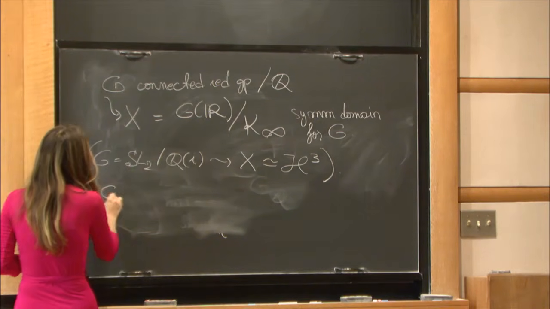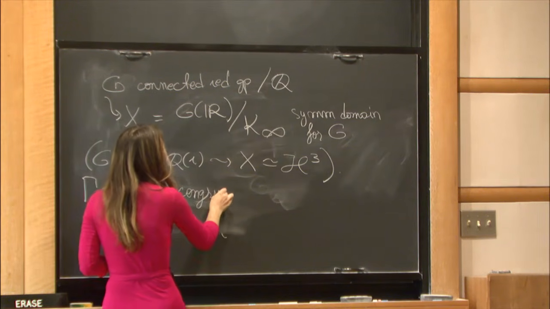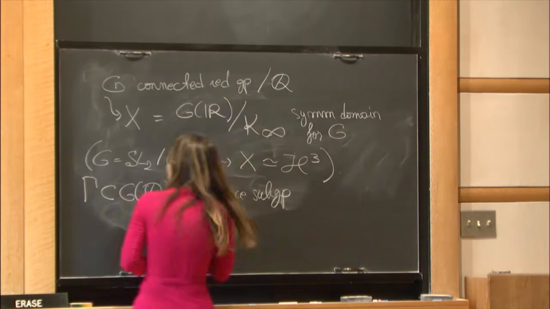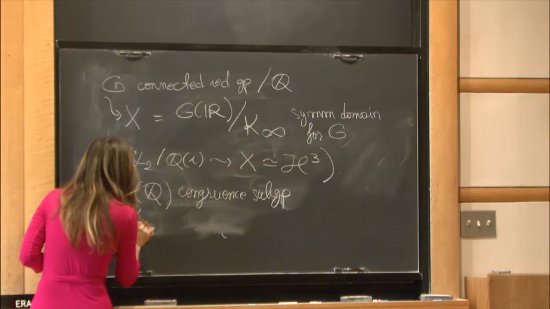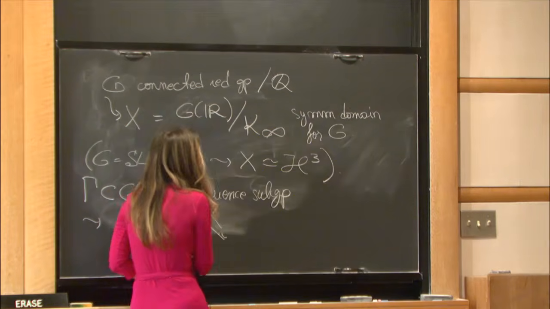And then if you take gamma inside G of Q, some congruence subgroup, so something that's cut out by congruences, and you look at the quotient X sub gamma, this is defined as the quotient X mod gamma.